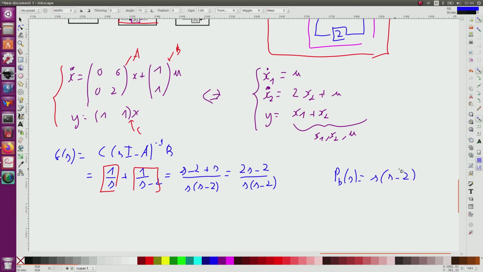It does not change here. The poles, 0 and 2, are the same as in the previous question. Okay, so in series or in parallel, it does not change the poles, does not change the characteristic polynomial. It will not be the case when we will loop them.